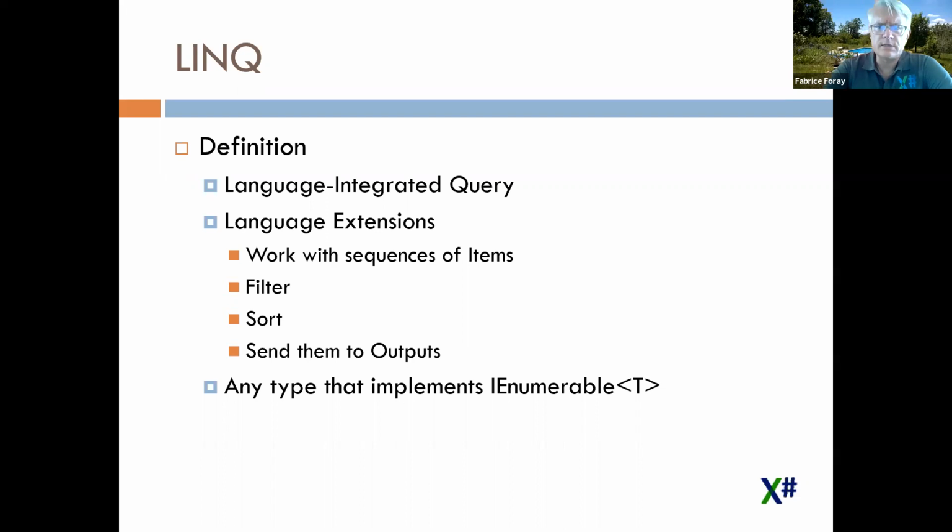The idea is that you have a tool that can work with a sequence of elements, so anything that you can enumerate, anything that implements the interface IEnumerable, can be used in a LINQ expression. You can use LINQ to filter, to sort elements, and to send them to a kind of output. We will see how you can retrieve the result of your query.